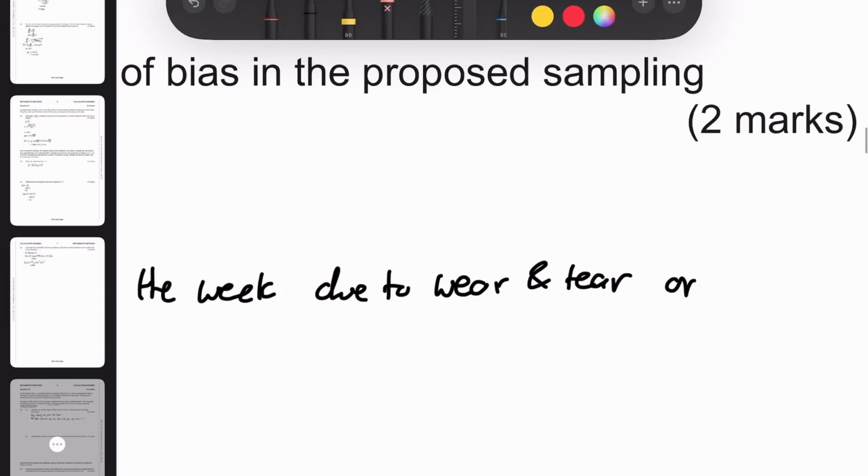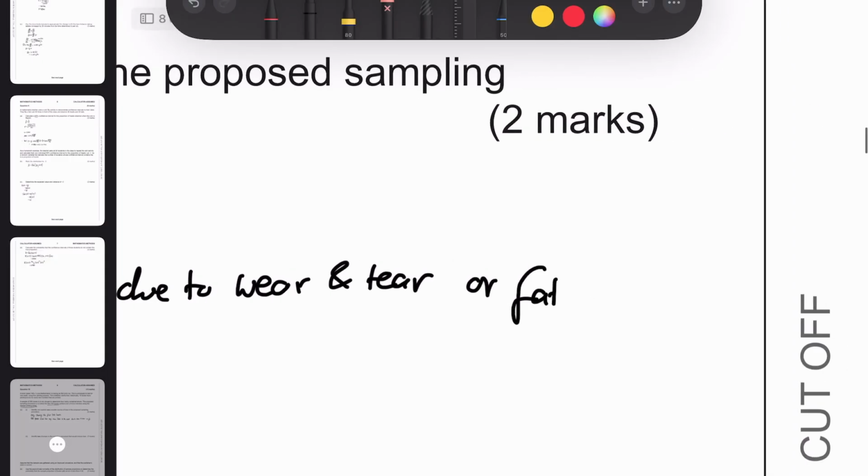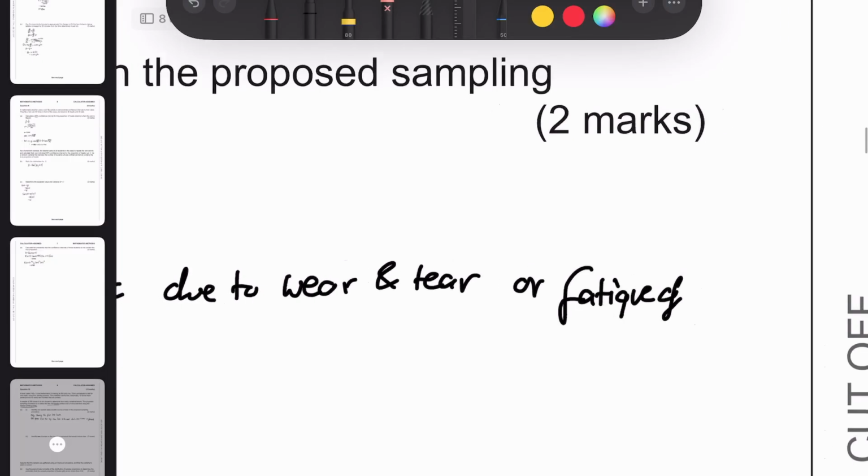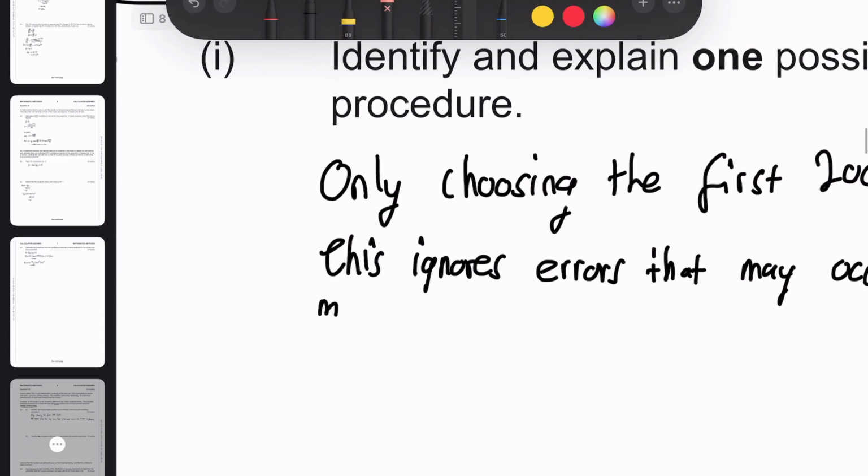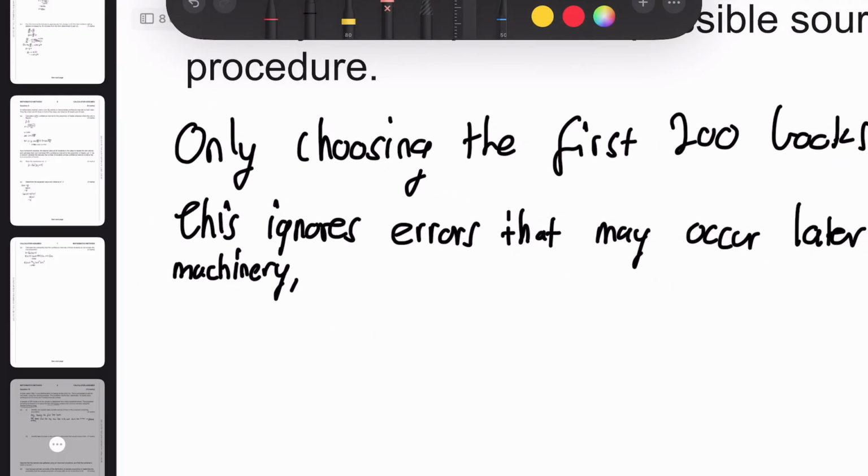Wear and tear or fatigue of machinery, or new operators, or new printing press operators.